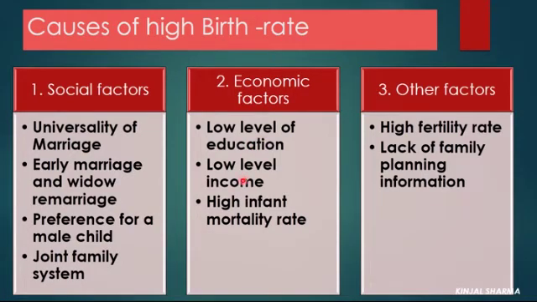Second is low level of income. That is, if the family income is low, the birth of a child is considered to be an asset rather than a burden. Now why is it considered to be an asset? Because they think that the more the persons, the more the income. This is the mentality of the people. It is expected that the child also contributes to the income of the family in future.